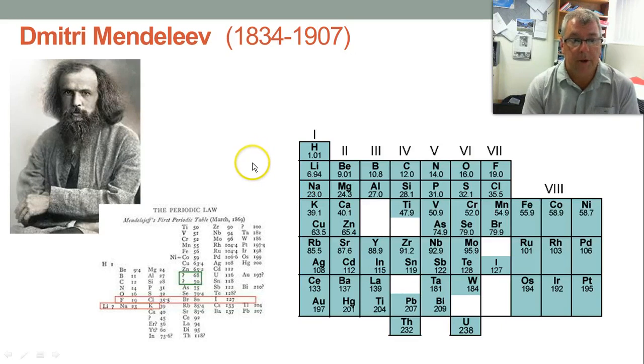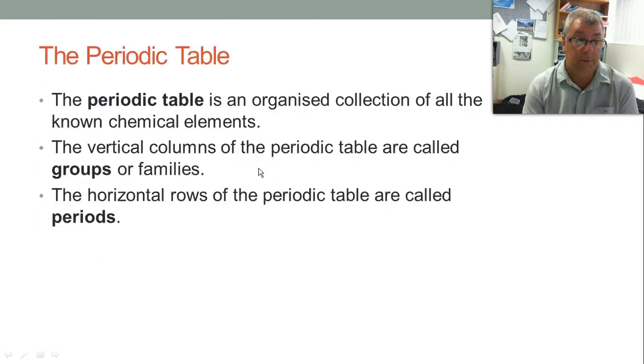Alright, now the periodic table in its modern form can take a number of different forms. It's always going to be organised in terms of vertical columns, which are called groups or families, predominantly groups, and horizontal rows, which are called periods, and it always looks the same, although you get slight variations of it.